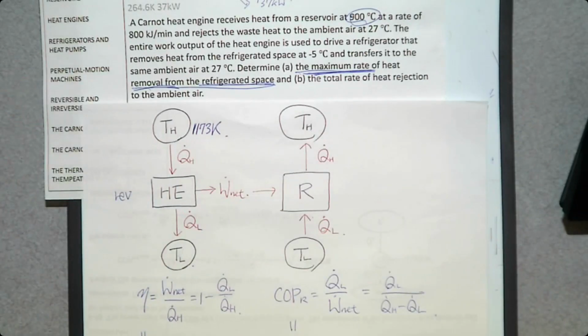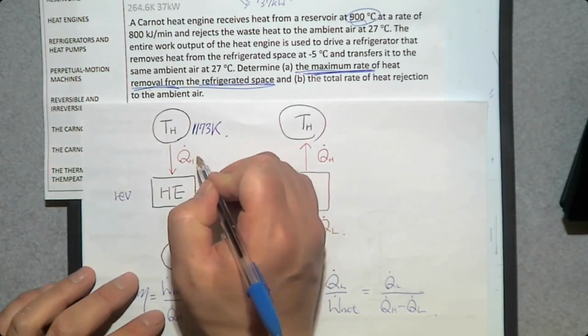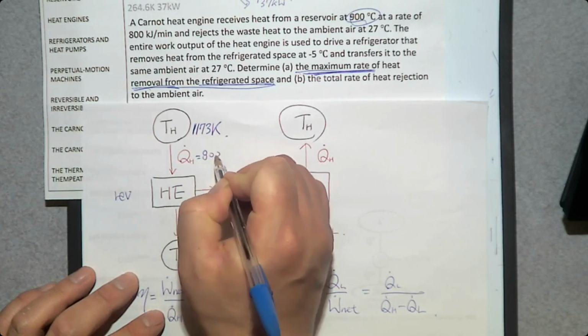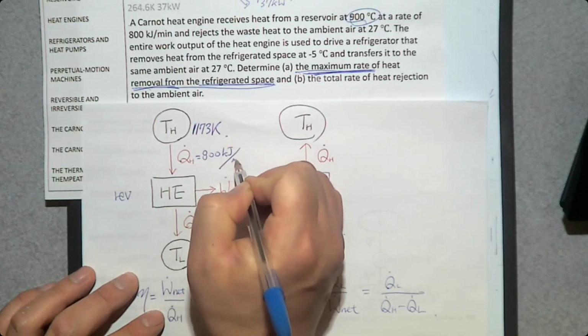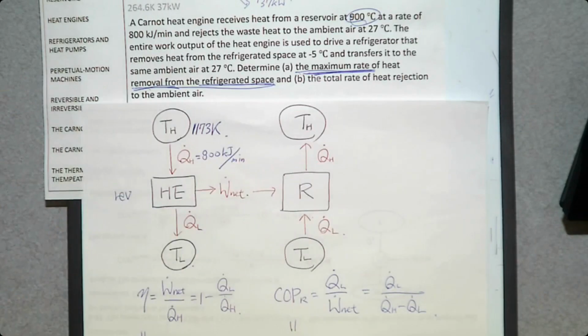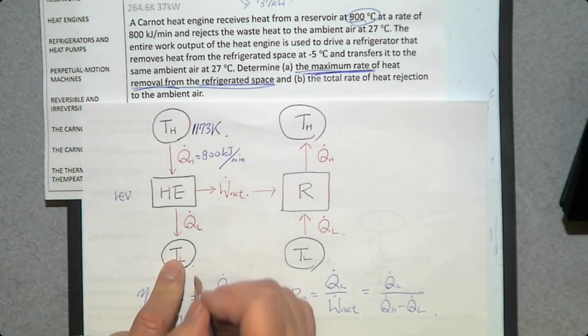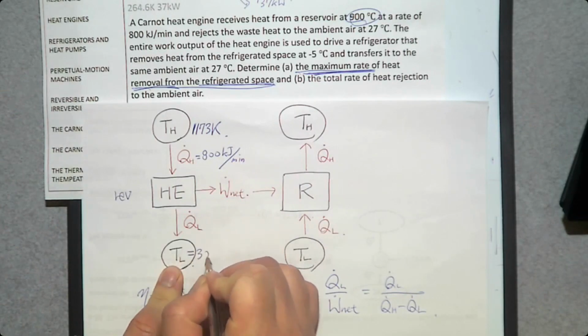At the rate of 800 kilojoule per minute. So Q dot H is going to be 800 kilojoule per minute. Rejects the waste heat to the ambient air at 27. So this one is 27, 300 Kelvin.